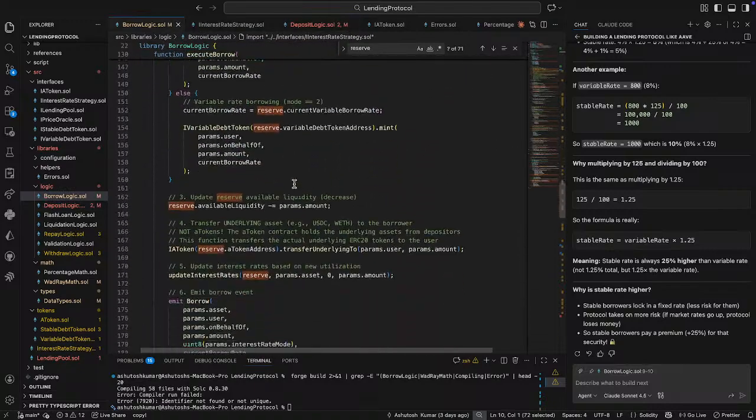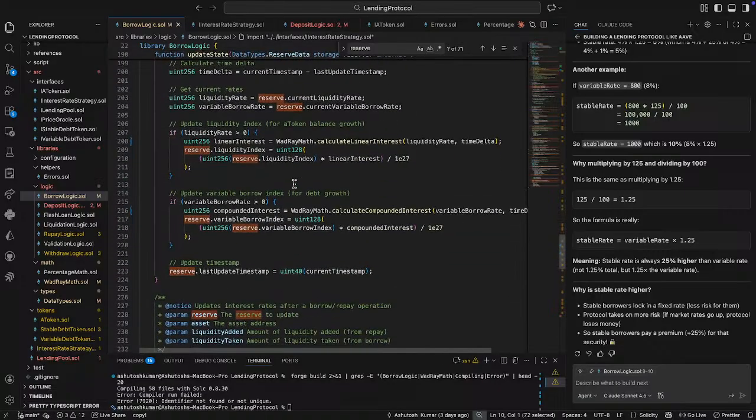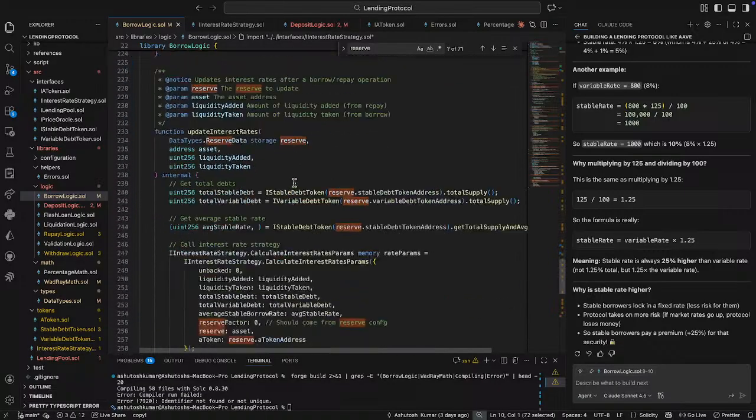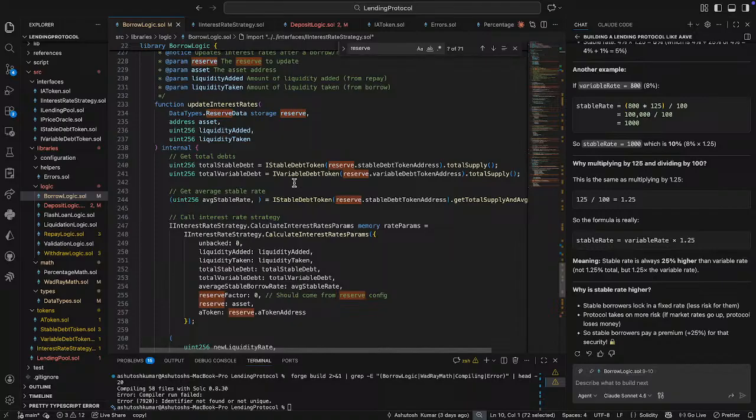Is it something like that? How do you call that? Update interest. Then what's the point of using asset here?